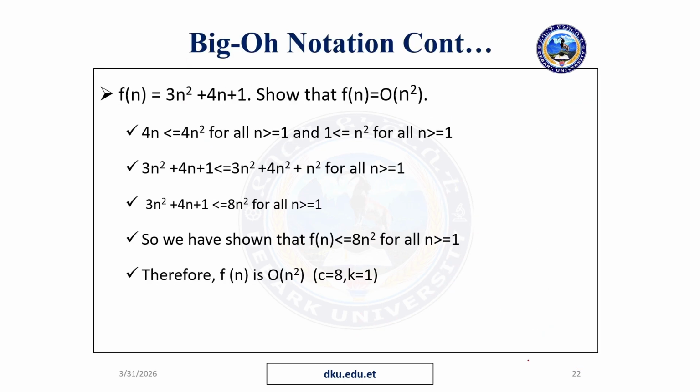Let's see another example: 3n squared plus 4n plus 1.